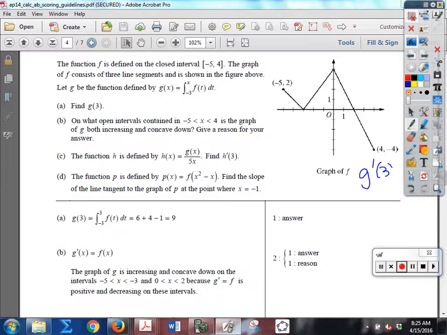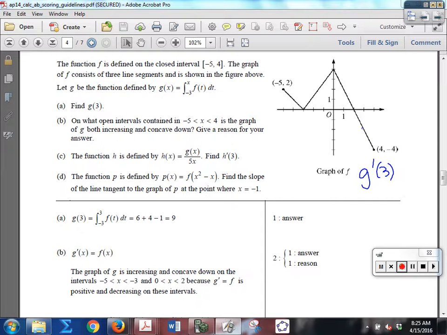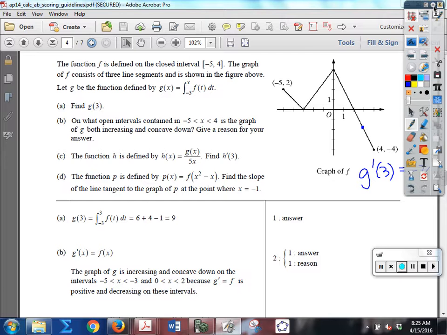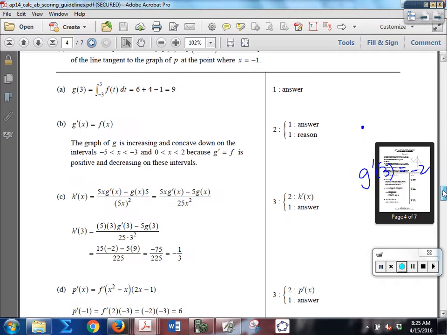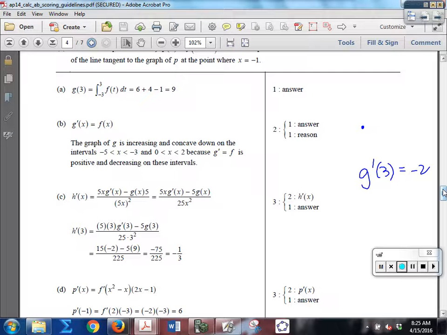And then, what else does it have? G of x. The nice thing about it is g of 3, that's the whole reason we did that, so that we have g of 3 right there. So g of 3 is 9, which if you got that wrong, then you're doing everything wrong. But it should have been an easy question. This is just area of triangles. Just gotta be careful. So then you just plug them all in, figure out what it is.